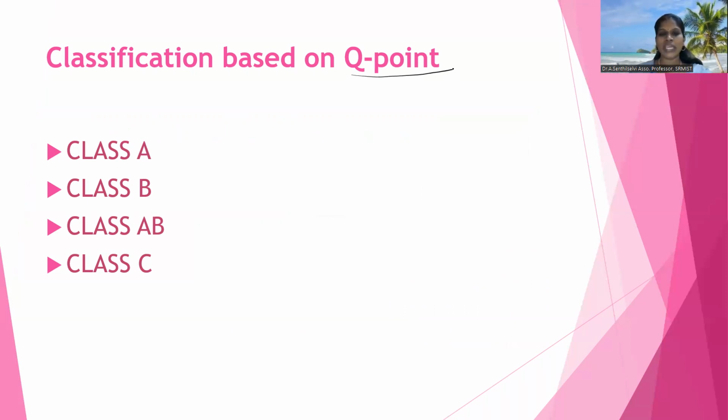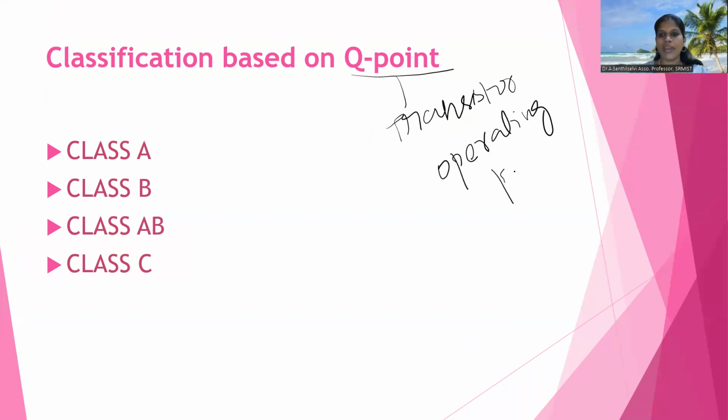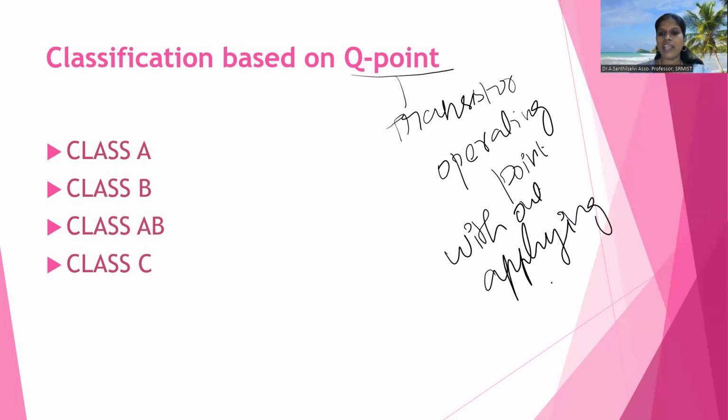Before going to the explanation, we should know what is Q point in an amplifier, in a transistor. The Q point is nothing but the transistor operating point, without applying any input signal.